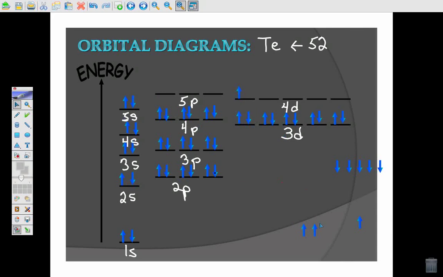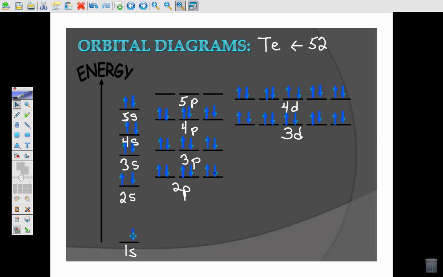Hund says do unpaired before, whoops, I messed that one up, unpaired before we pair them. Okay, so now I've kind of run out, so I'm going to borrow some from the bottom. I know you see that those are full. So unpaired before I pair, and then when I pair, Pauli says go spins opposite.